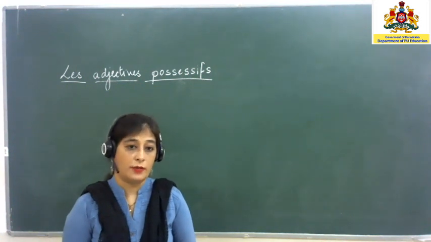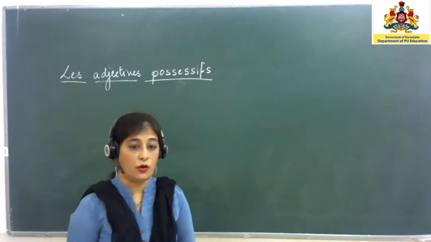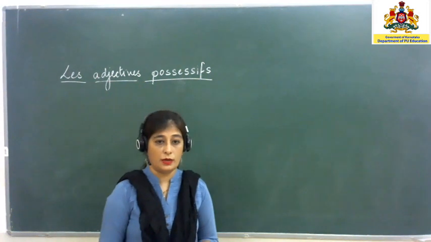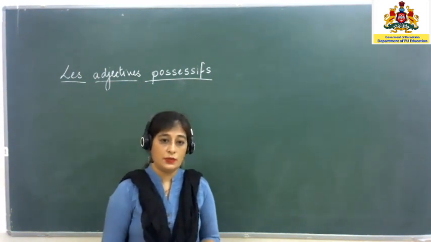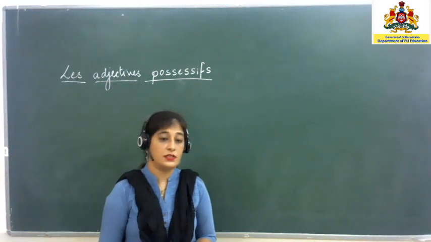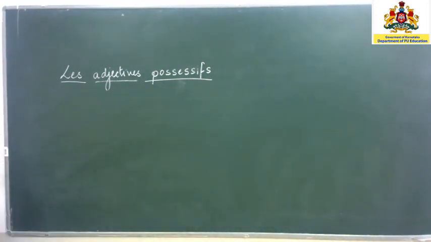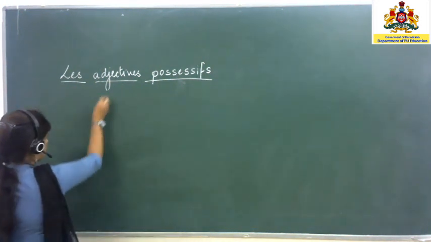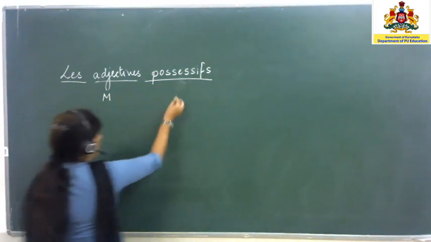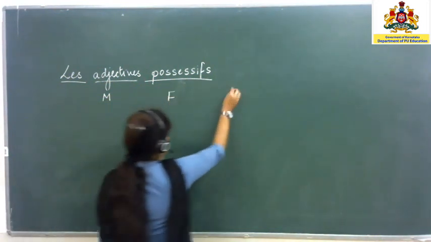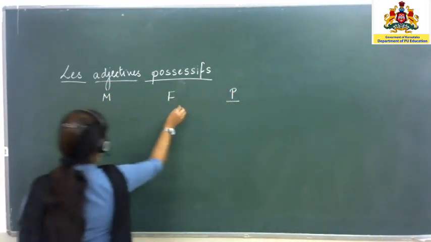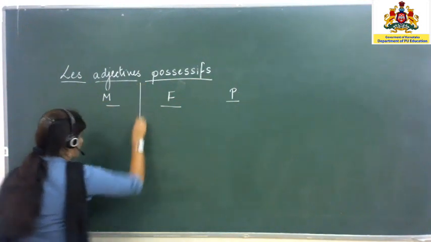So this tells you about the possession or the belonging of the noun you are talking about, or the relationship of the noun you are talking about. Now, as we know in French, everything has a gender, so it is with the possessive adjectives also. So you are going to see a masculine form, a feminine form, and a plural form of these possessive adjectives.